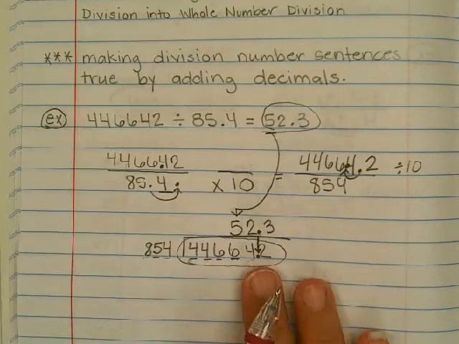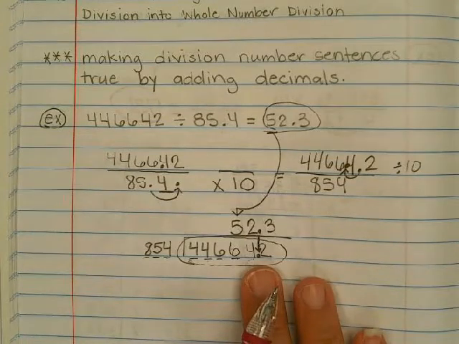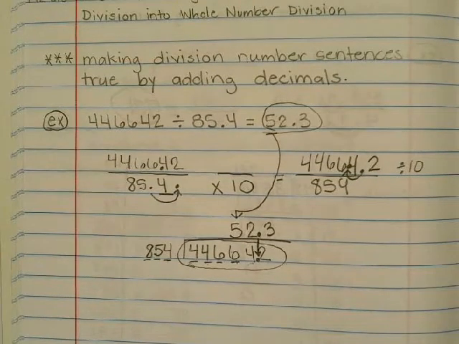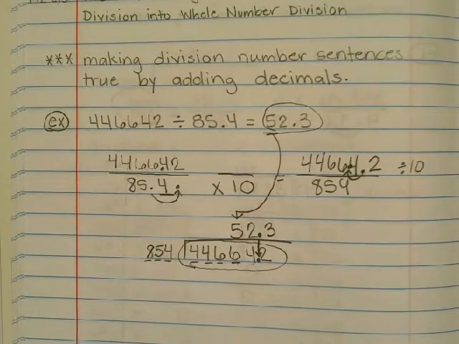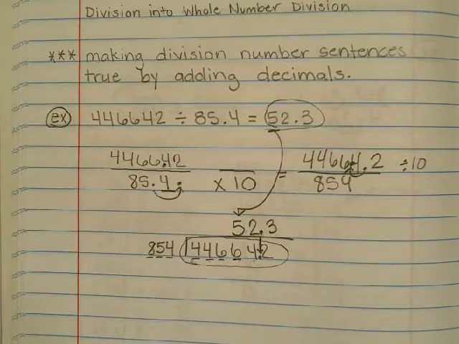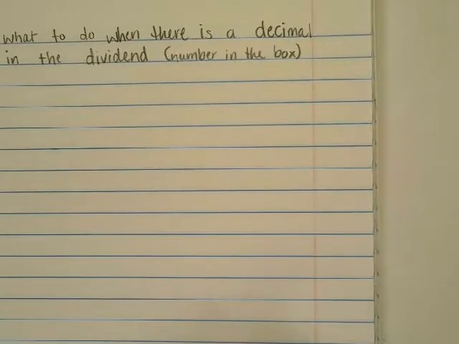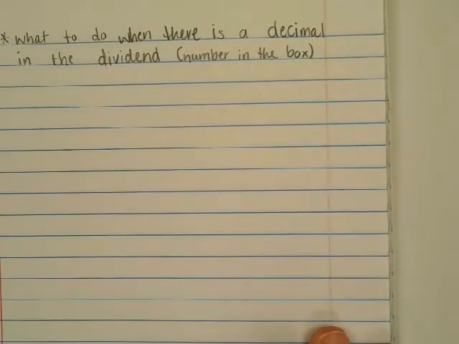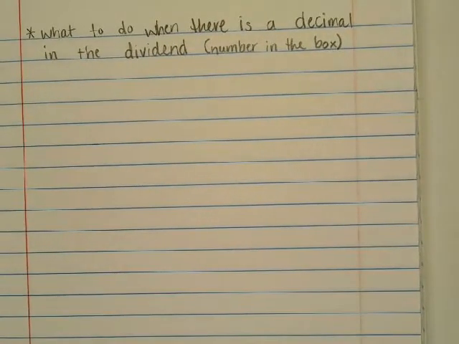We'll do this again in the student book. If you will now go ahead and go to the next page in your notebook and write this statement down. What to do when there is a decimal in the dividend when you're ready to divide.